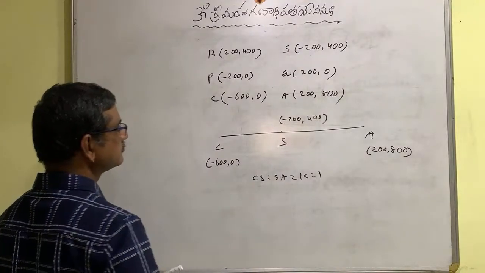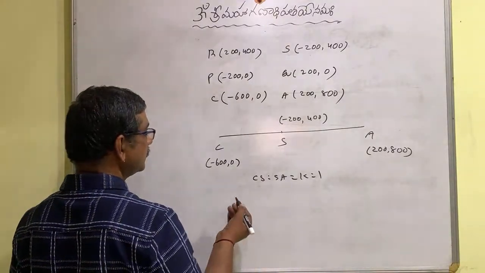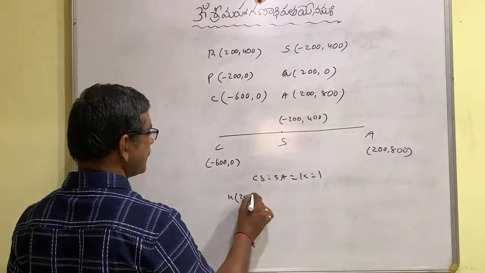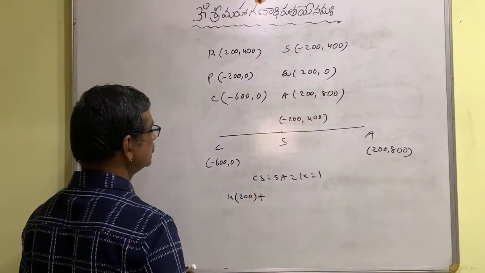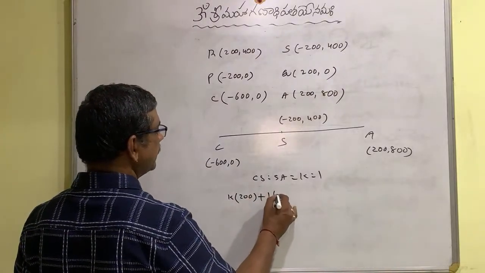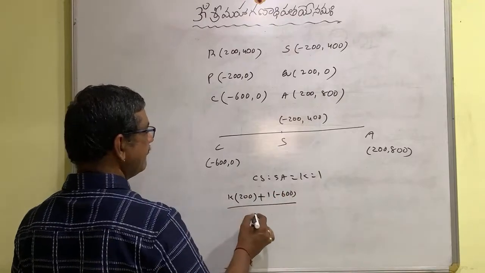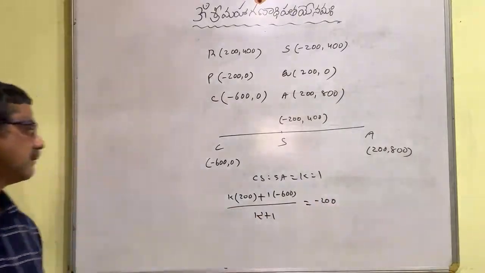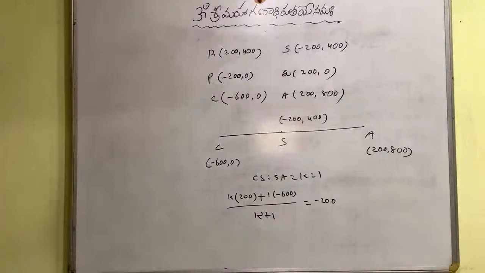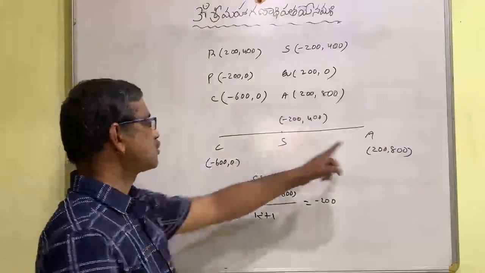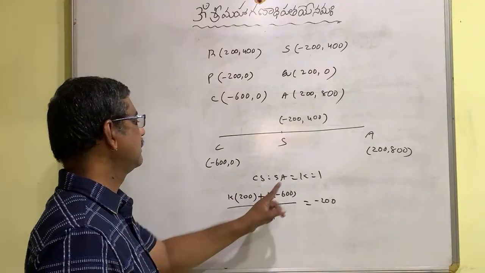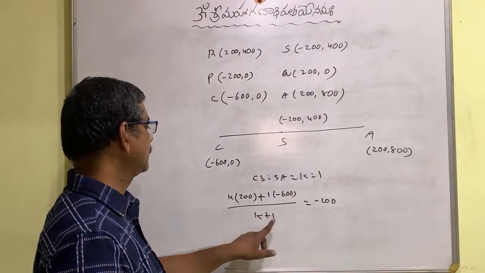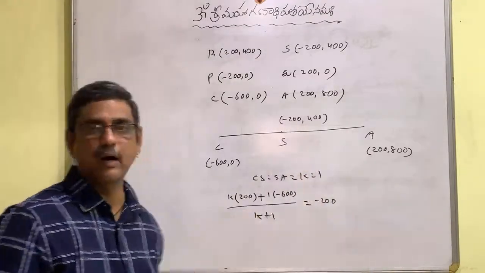Now, kx2 plus 1x1 by k plus 1 is negative 200, the x coordinate.